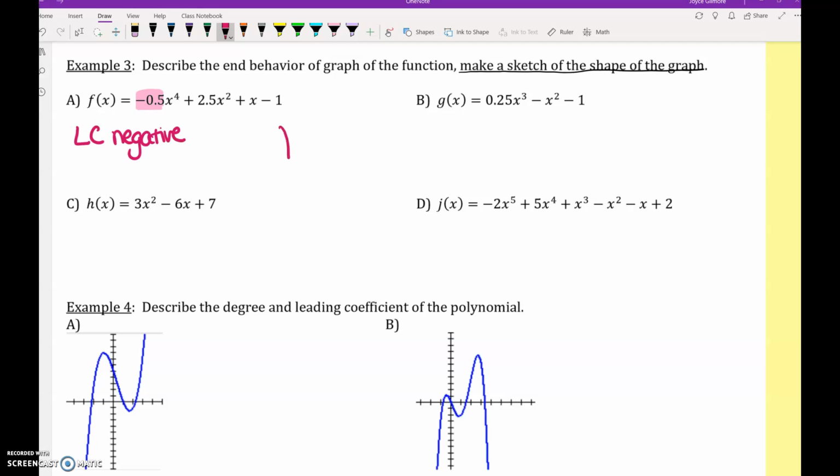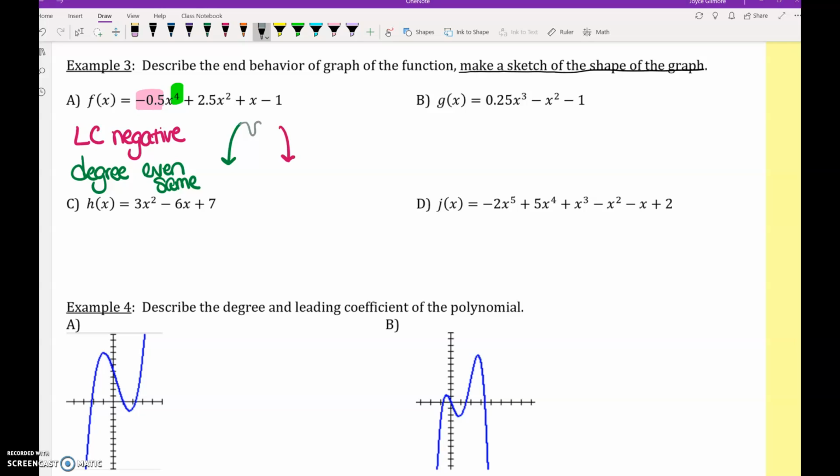That means the right side is going to point down. So give yourself a space and then draw a down arrow. Then we look at the degree. What's the degree of this one? The degree is 4. 4 is an even number. Even degrees point in the same direction. So the left side will also point down.